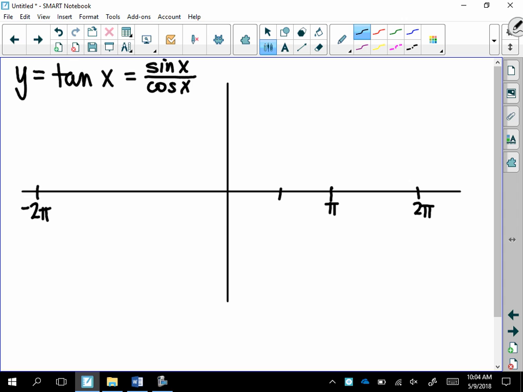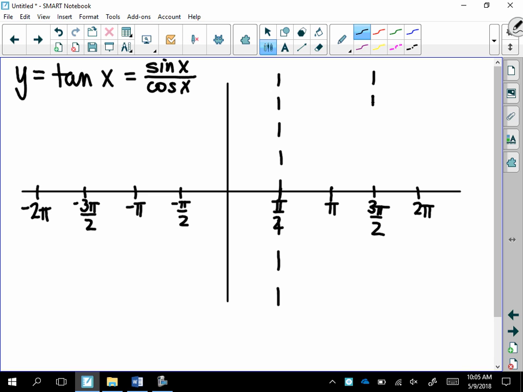That makes it easy to label the x-axis. All the places where cosine is 0, which are all pi over 2's, then tangent is going to be undefined. And so we'll have vertical asymptotes in all those places.